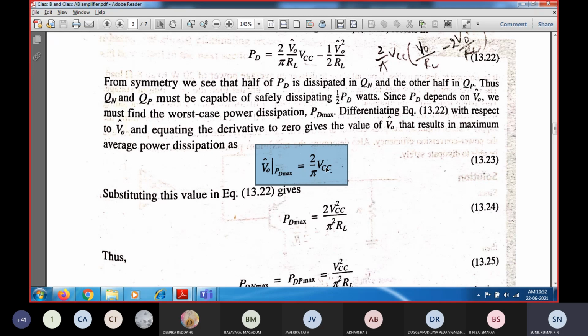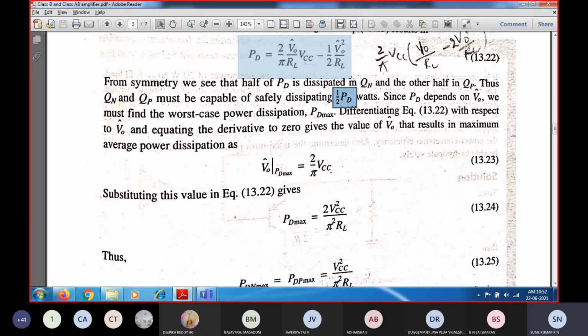For a symmetric case, we are going to consider half of the power dissipated in the Qn and half of the power dissipated in the Qp, because Qn and Qp are complementary transistors. So half the power is dissipated through the Qn and half through the Qp, so each transistor dissipates one half of PD.